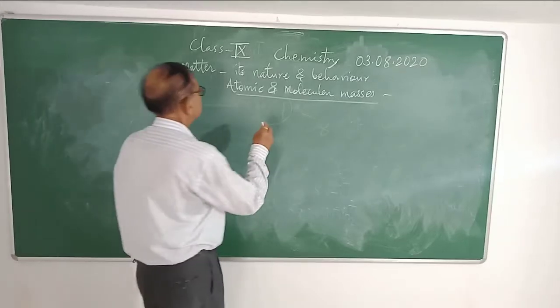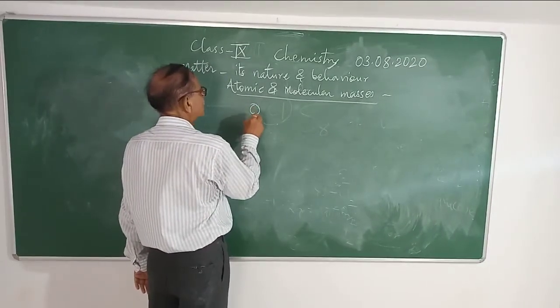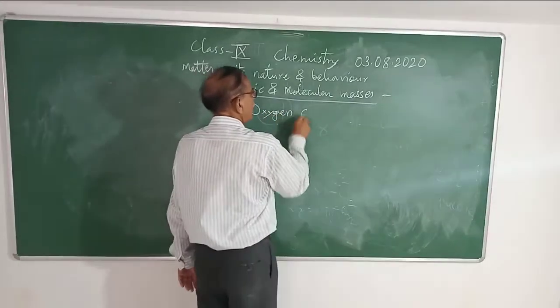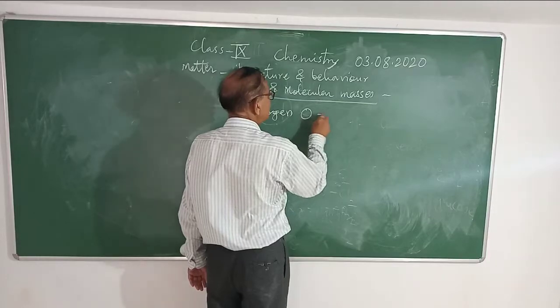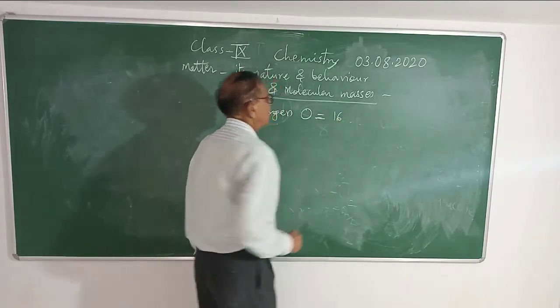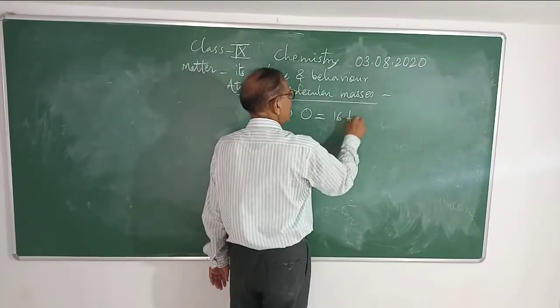For example, the atomic mass of oxygen is equal to 16.